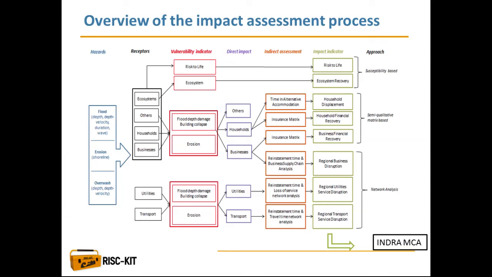For the financial recovery, insurance metrics are used. Finally, network analysis techniques are used to assess the disruption to specific networks: business supply chain network, utilities network, and transport network.